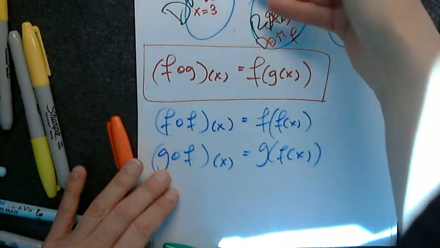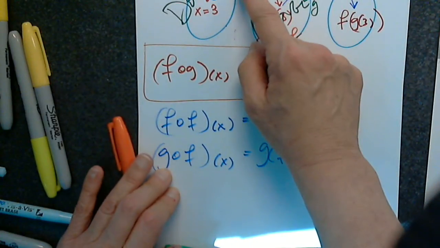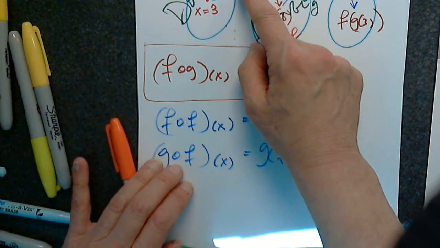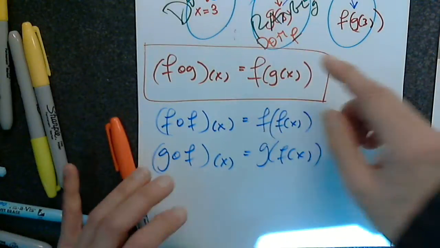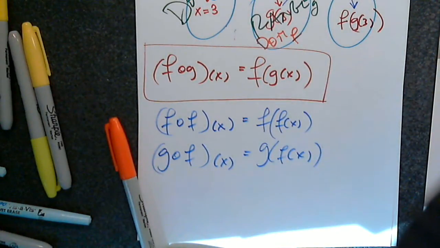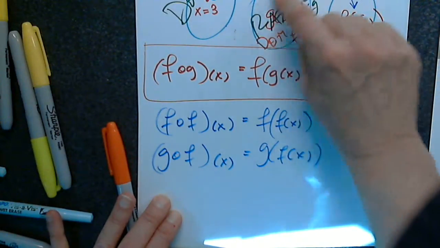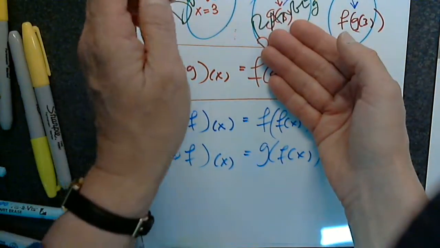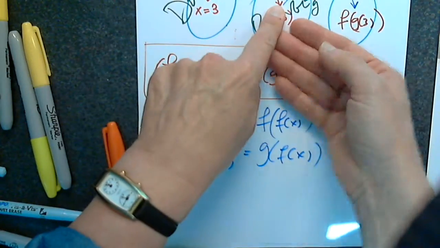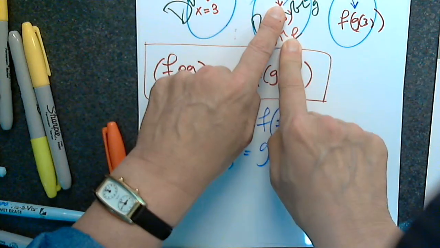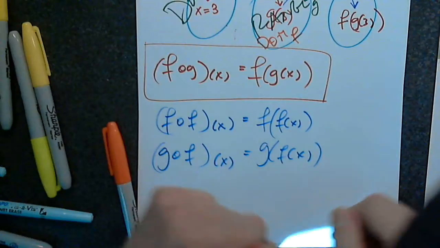So the range of the inner function has to communicate well, or be the same, with the domain of f. If this set does not represent values that I can apply f to, then the chain is broken.